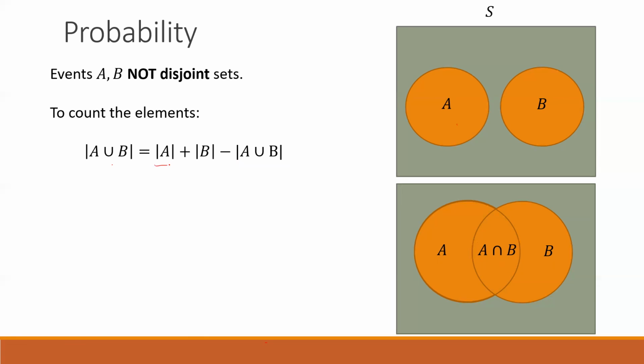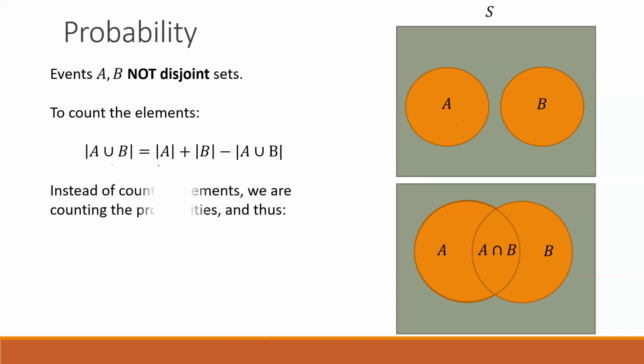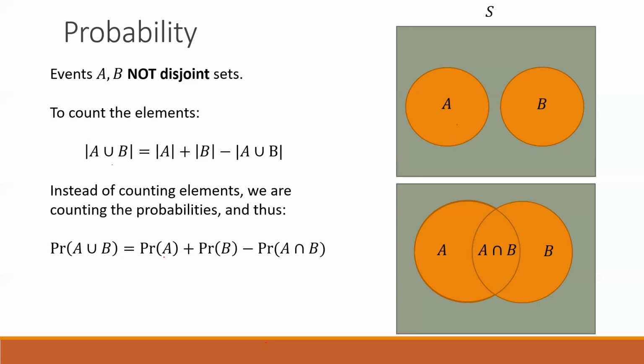However, all of these are sets, and thus all of them are events. So when we convert this to probabilities, we can simply sum the probabilities. In some sense, it's analogous to counting, except we're counting whatever the probability function tells us to count.